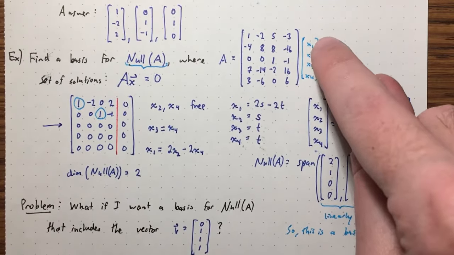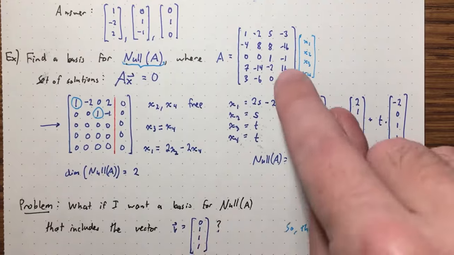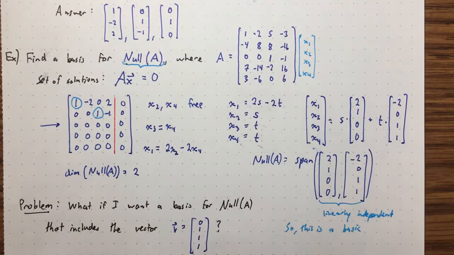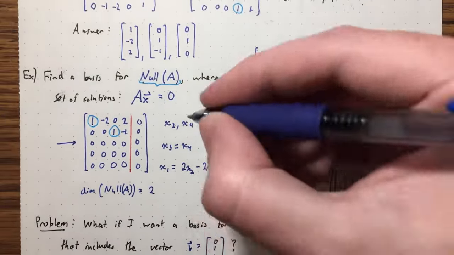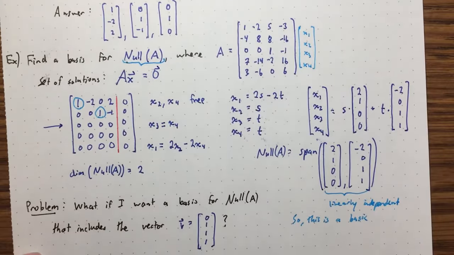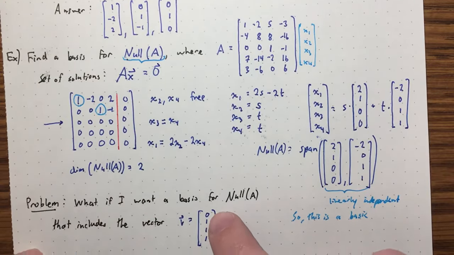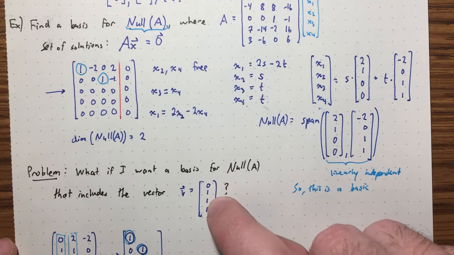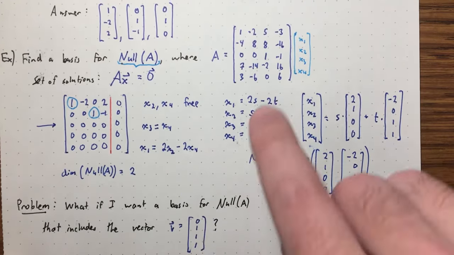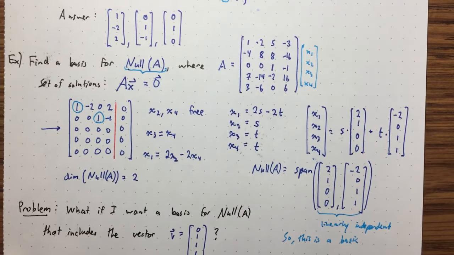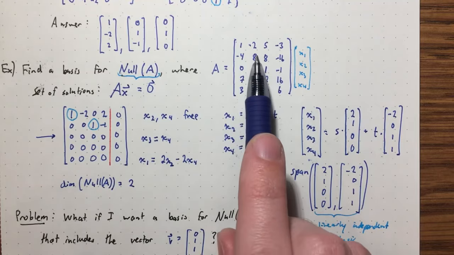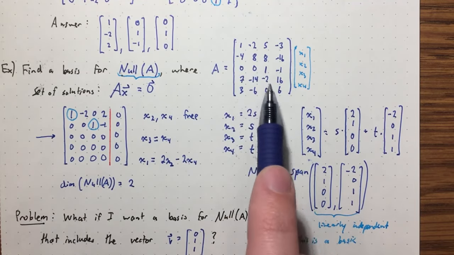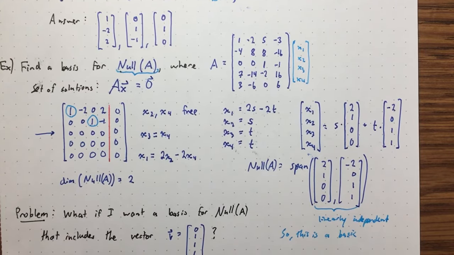If I put this in for x1, x2, x3, x4, I multiply by this matrix, I get 0. So in other words, there should be a 0 vector. It's saying if I take 0 of the first column, plus 1 of the second column, plus 1 of the third column, plus 1 of the fourth column, I get 0. And notice that's true, right? If you add this column and that column, you get 0 in every entry.